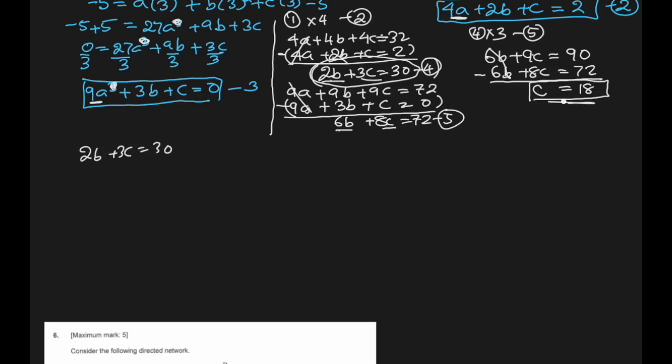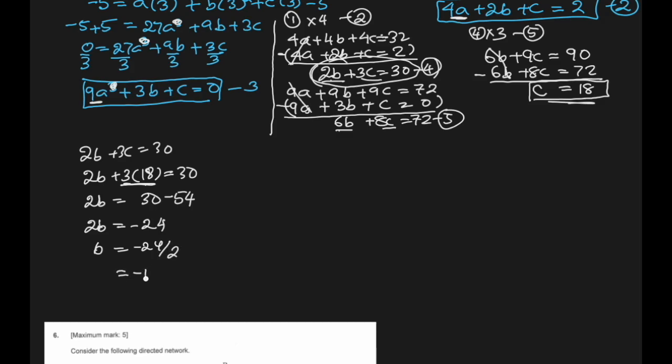So substitute c equal to 18 in this now. 2b plus 3 times 18 equal to 30. 2b equal to 30, and this is 54, which will become minus 54 when it comes to the right side. 2b equal to negative 24, and b will be negative 24 divided by 2, which is minus 12. b is minus 12. We have c, we have b, let's find a.